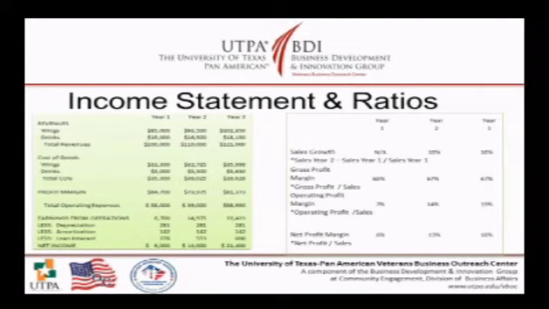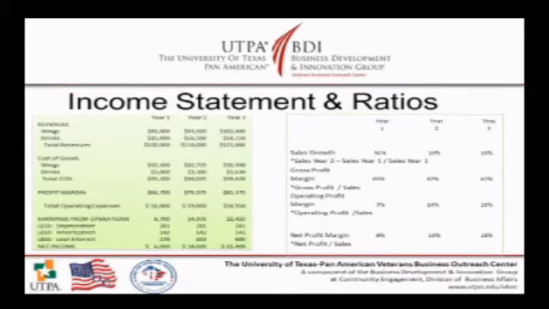And a lot of those you can look at compared to the income statement to the left. Your sales growth is going to be 110,000, your year 2, minus your year 1, which is 100,000, which equals 10,000, divided by your year 1 sales, which is 100,000, equals 10%.